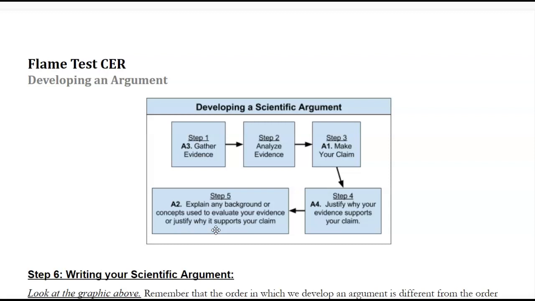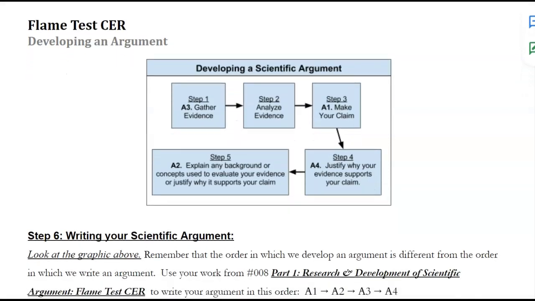So this particular organizer has you writing your argument from A1, which is your claim, to A2, which is explaining any background concepts and evaluating evidence, justification here, to 3, which was your evidence, to 4, which are those justification statements. So I tried to give you an organizer to help you put all of those pieces together, right?